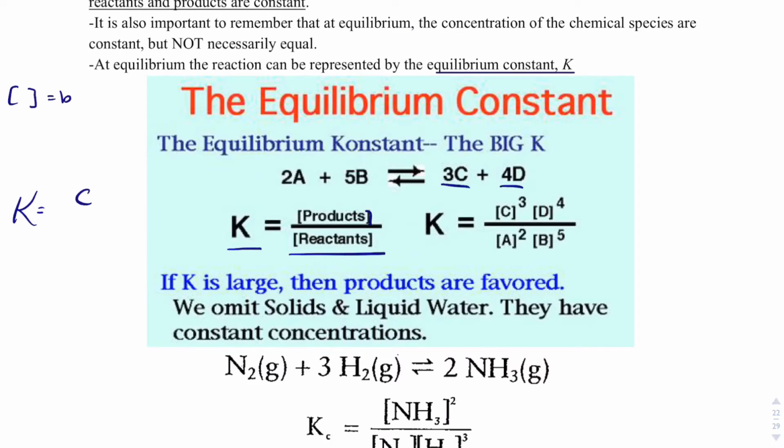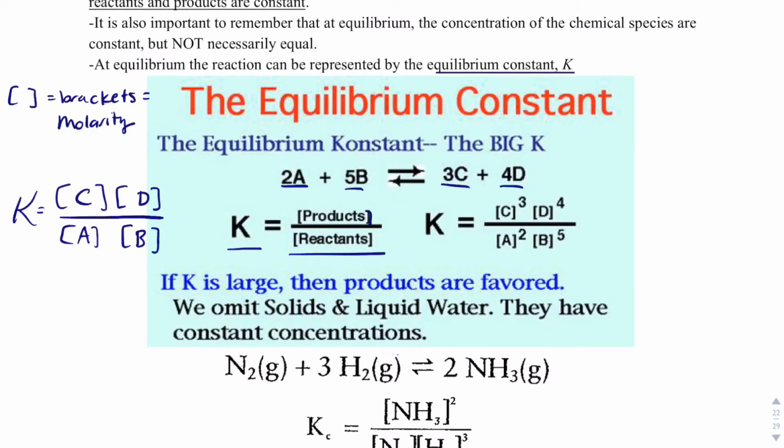Brackets mean molarity. So we want to put the concentration of C, the concentration of D, divided by the reactants A and B, and they're just multiplied by each other.